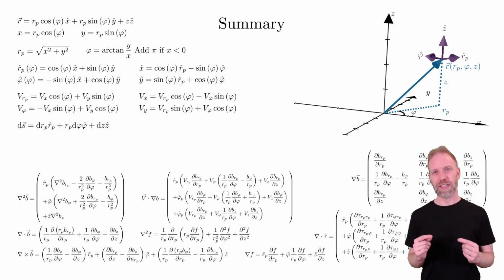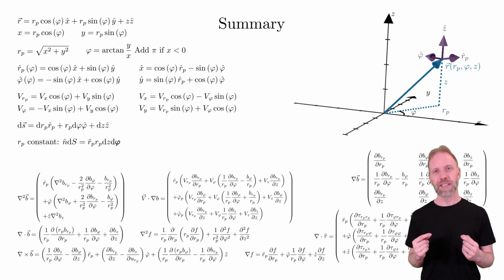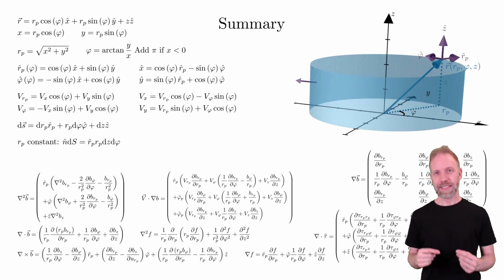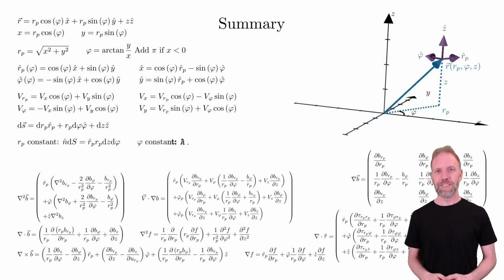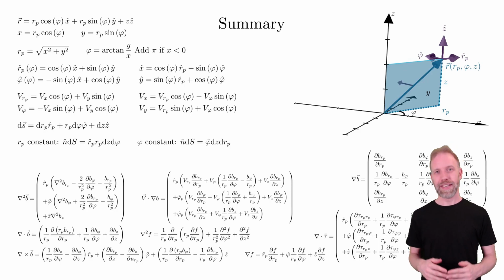For surface integrals, we covered the cases where one coordinate is constant and the other two vary on the surface. With a constant radius, this is the surface element. This is commonly used to integrate over the lateral surface of a cylinder. If phi is constant, we get the following. This is used to integrate over a plane at angle phi.